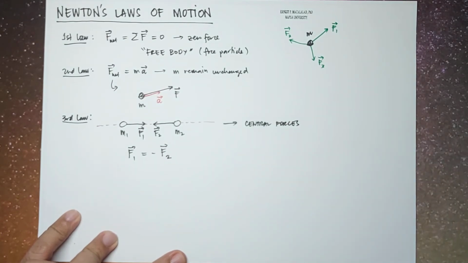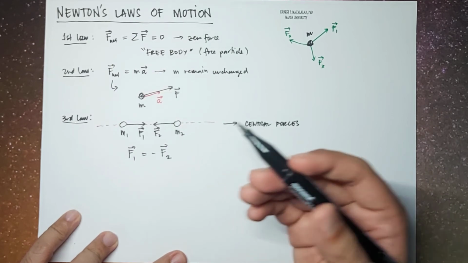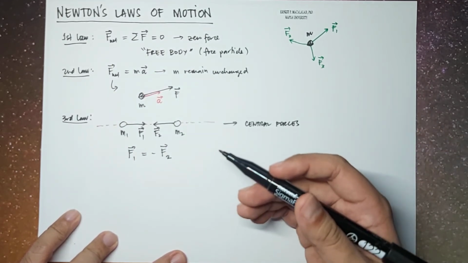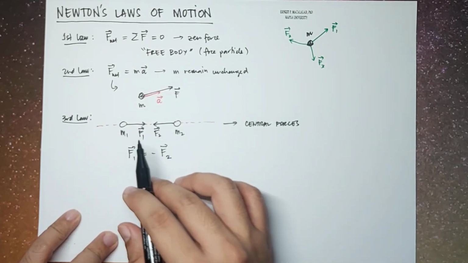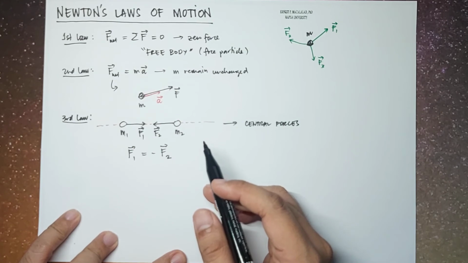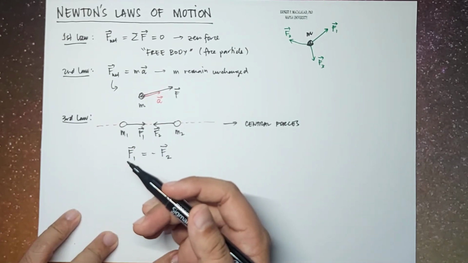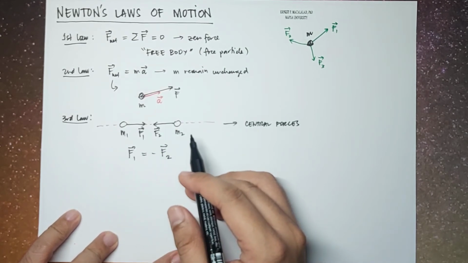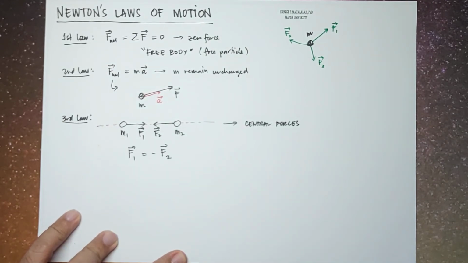Now, the force of interaction is either repulsive or attractive depending on the nature of the force. For example, if the force is gravitational in nature, these two forces will be attractive. However, if these two forces are electrostatic in nature, the two forces may be attractive or repulsive depending on the sign of the charges of the two particles.